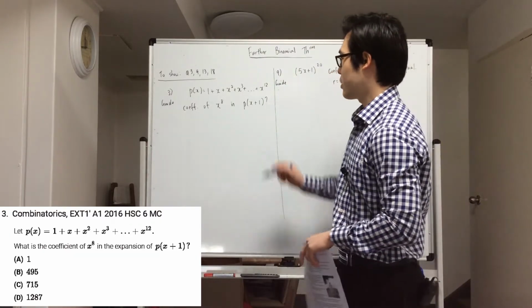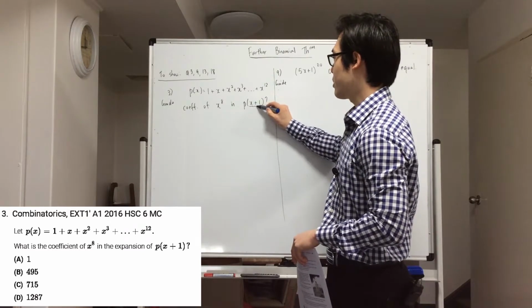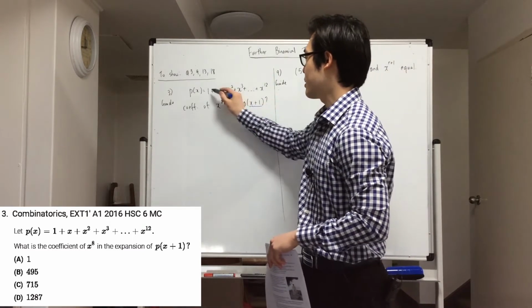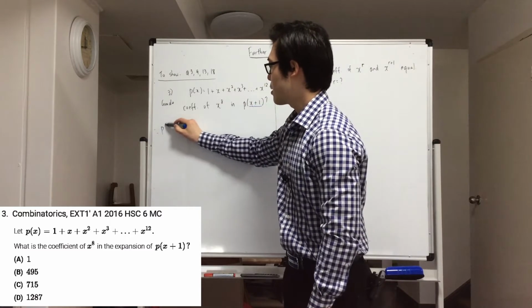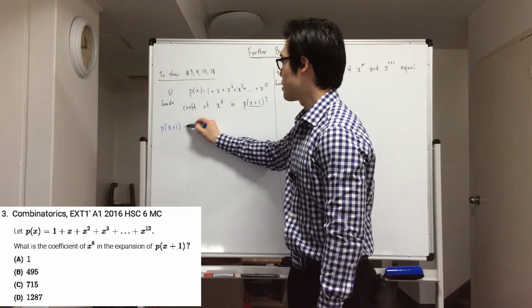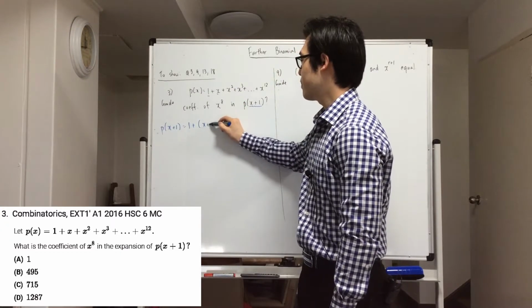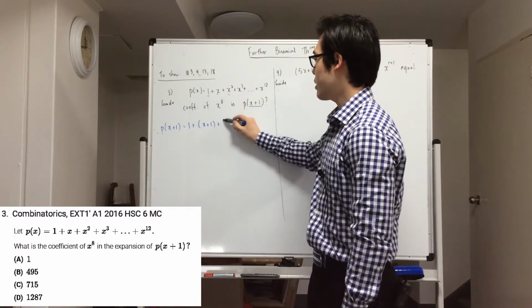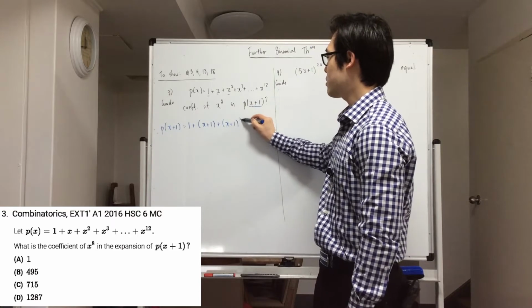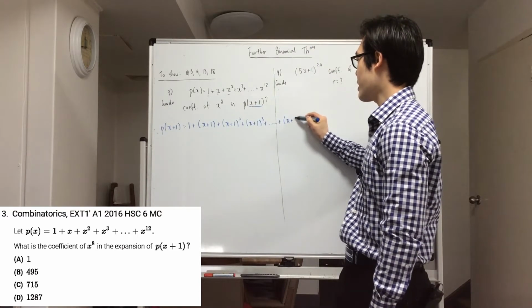Okay, so in order to do this question, we need to substitute x + 1 into this series. So what this means is 1 stays the same, but instead of x, it becomes x + 1, plus instead of x squared, we have this, that.